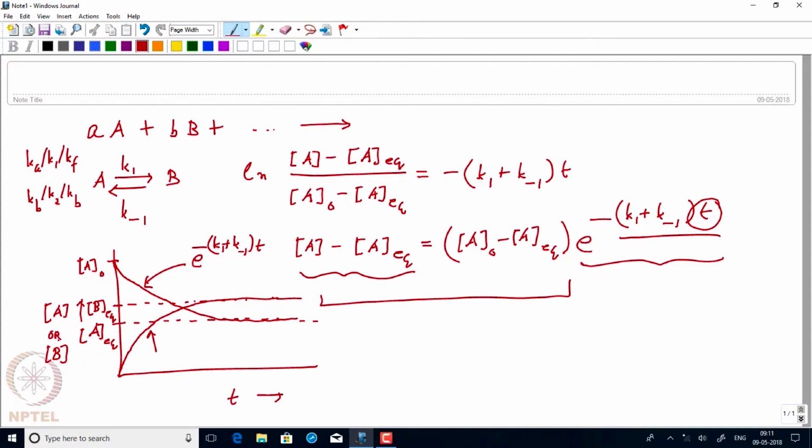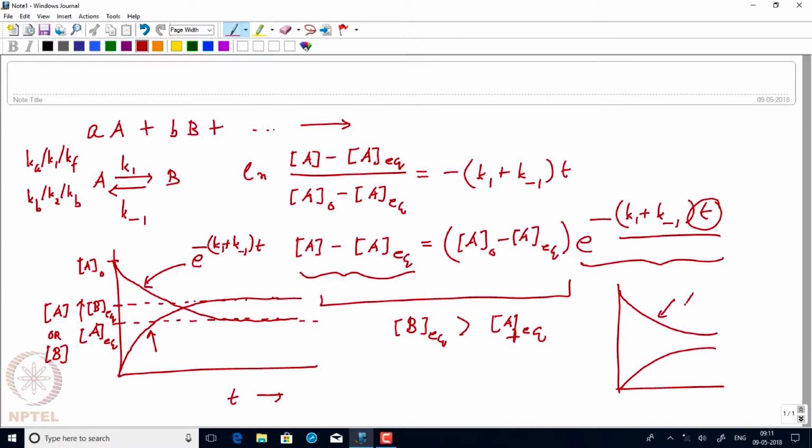Now the interesting thing to look at here is that we assumed that B equilibrium is greater than A equilibrium. At a very long time, the equilibrium concentration of B is higher than the equilibrium concentration of A. It need not be the situation, it may be reversed, and in those cases the B equilibrium will lie lower than the A equilibrium. So the curves will look something like this.